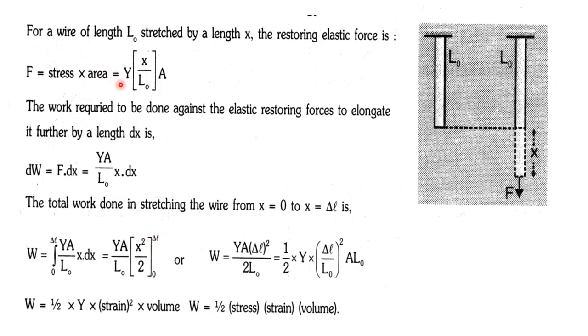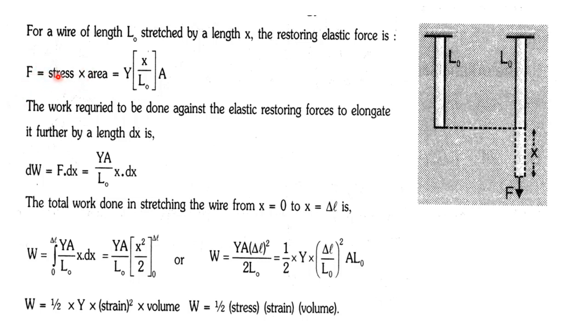We know that Young's modulus is equal to stress by strain. Now Y is equal to F by A by change in length by original length. That we know. We also know that stress is defined as force per unit area, where force can be written as stress into area.